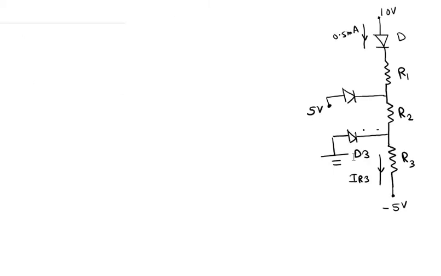Okay. So for our next problem, the circuit is basically the same as before. The only difference is that it's slightly more complicated. So you are given the conditions that V gamma is equal to 0.6 volts, and you are given two sets of situations.